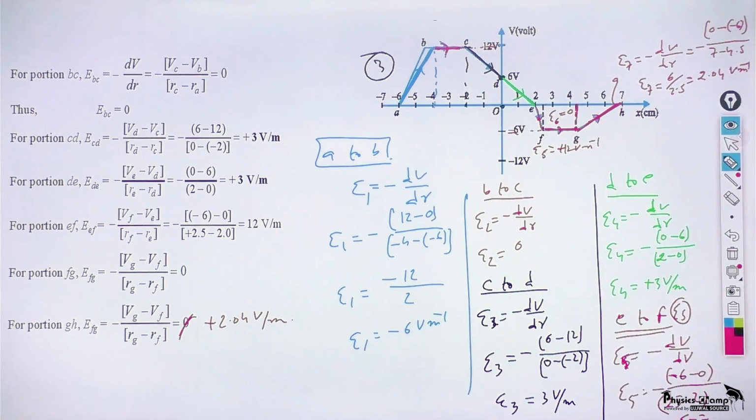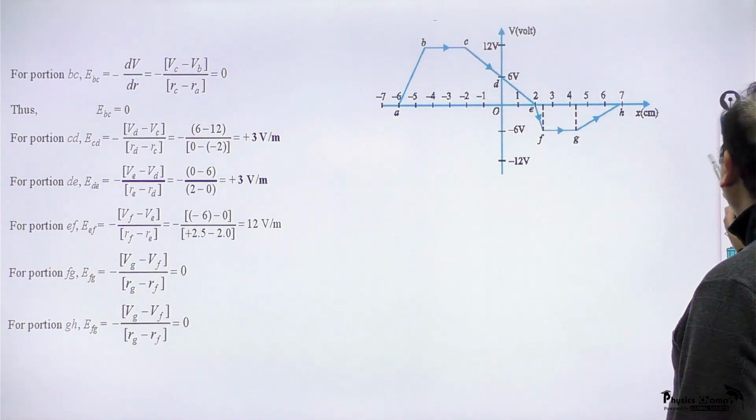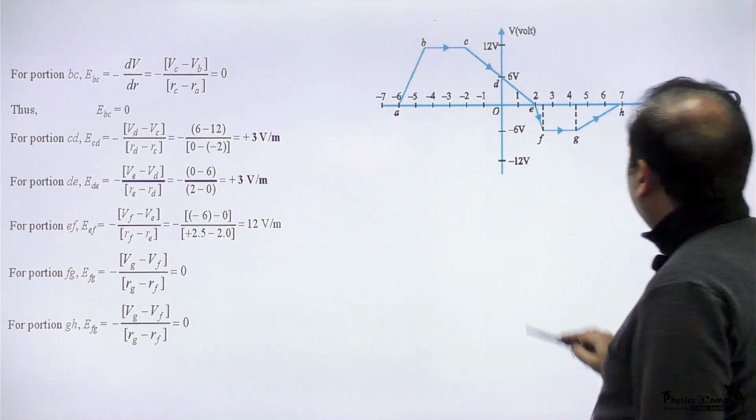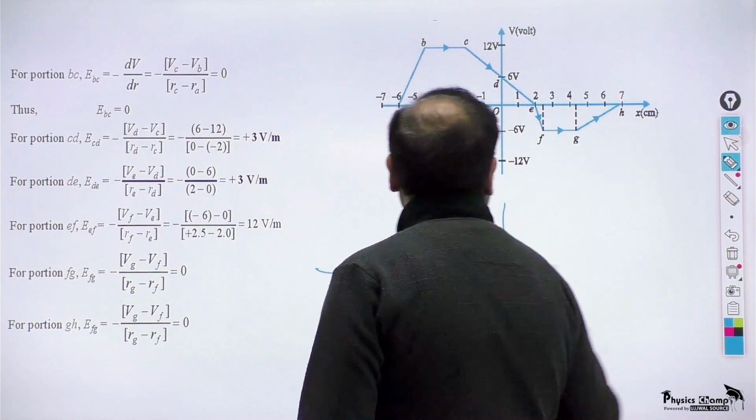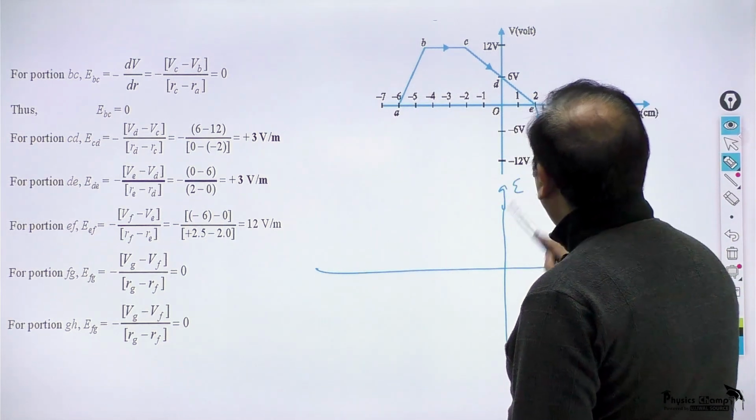So that's how for different portions we have got different values, and now we can plot a graph showing the variation of electric field with this distance. So plotting electric field now, I again draw in the similar colors. This is X, this is going to be electric field.